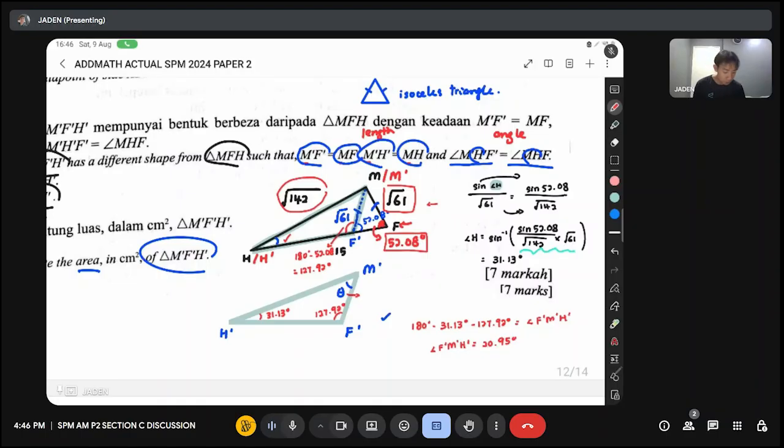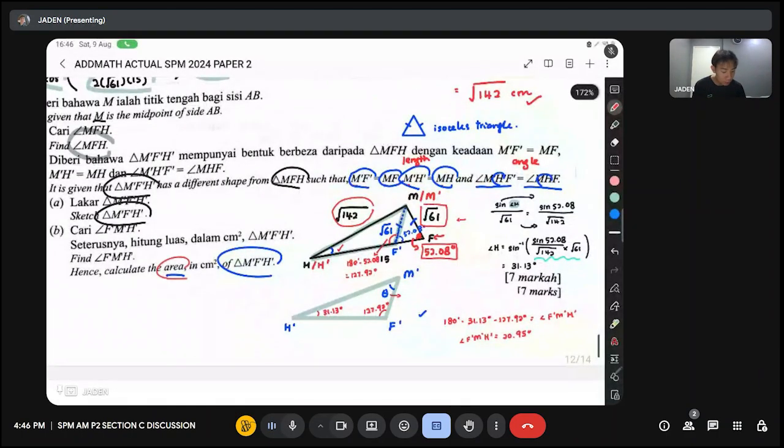Of course, they also ask you to calculate the area of this triangle. To do that, it's much easier because we already have √142 for HM, and we also have √61 for the length of M prime F prime.